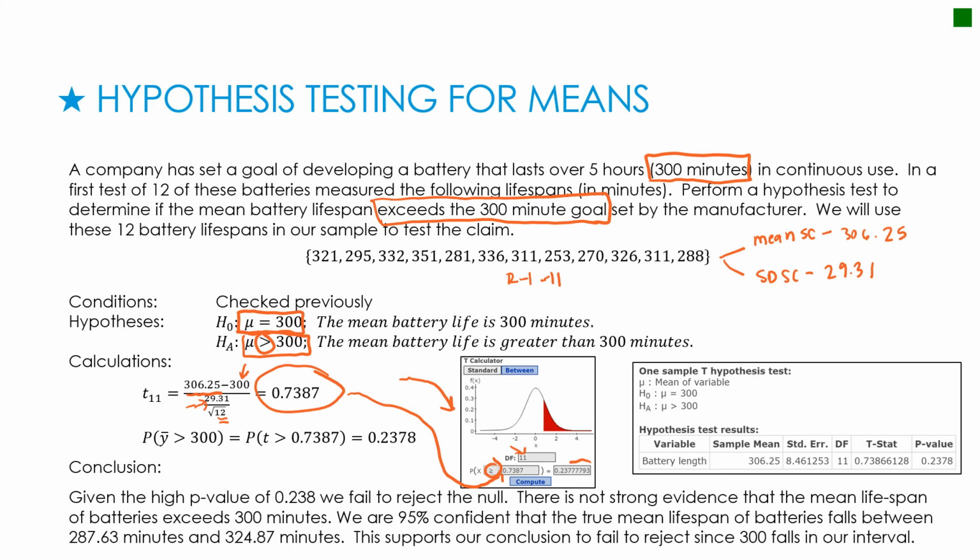And I get an answer of 0.23777793. So I just rounded to 4 places. That's my probability. That's my p-value. My p-value happens to be greater than alpha, so I should know right off the bat I'm failing to reject the null. This is where I verify.